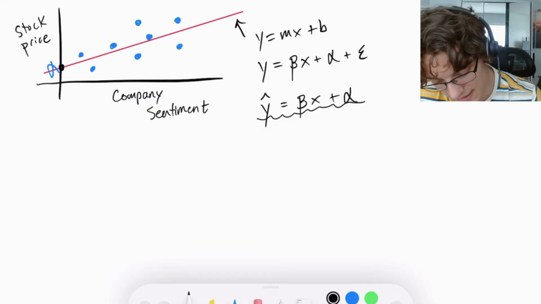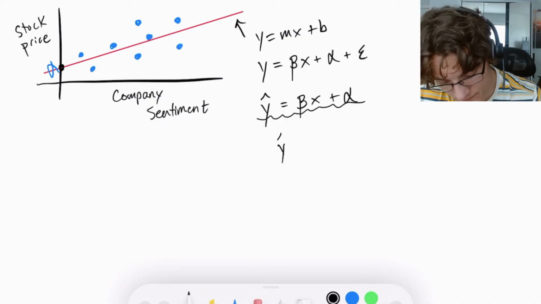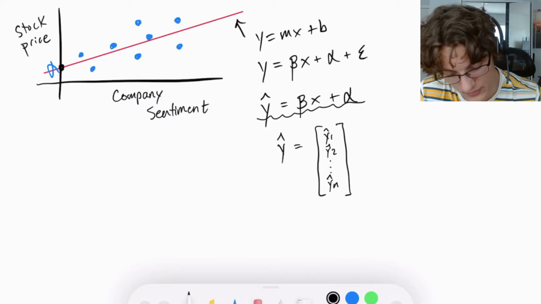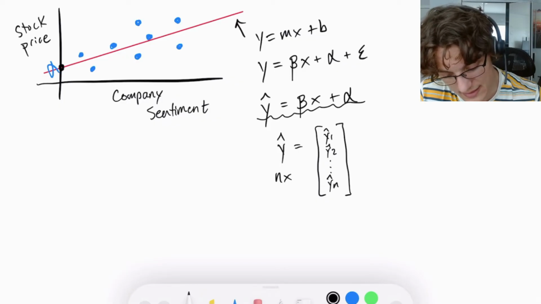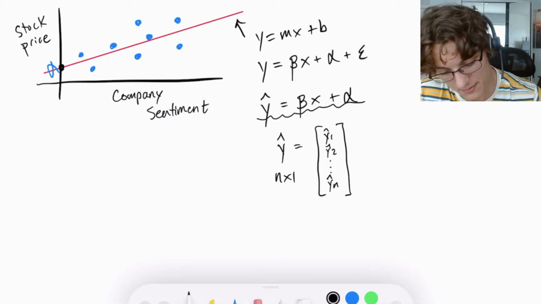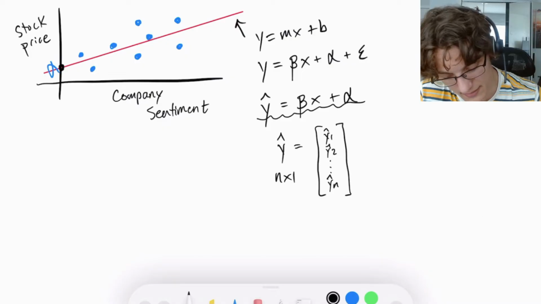We would say that y hat is going to be a vector, and we are going to have y hat 1, y hat 2, all the way to y hat n, where the dimensionality of this is n by 1. We can yield this vector by taking some beta.